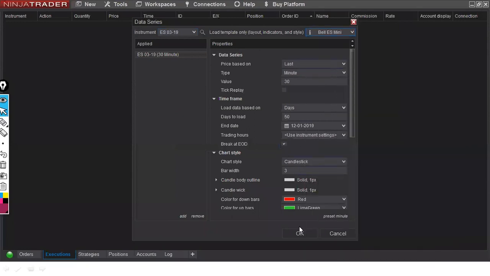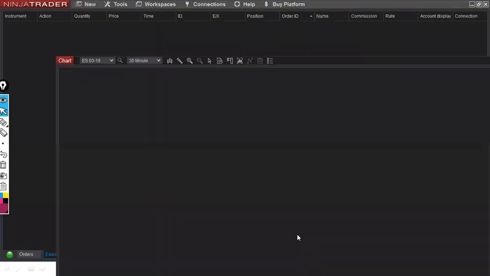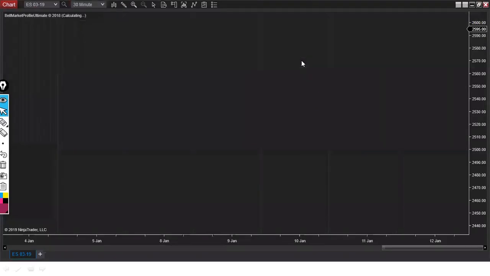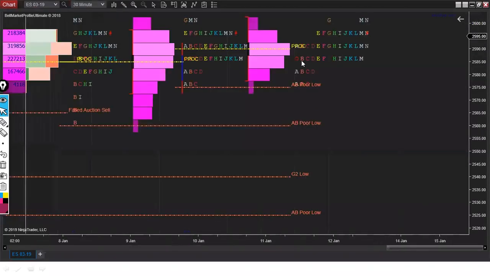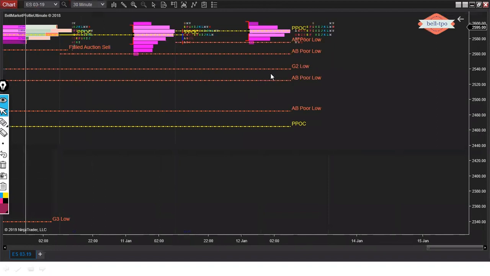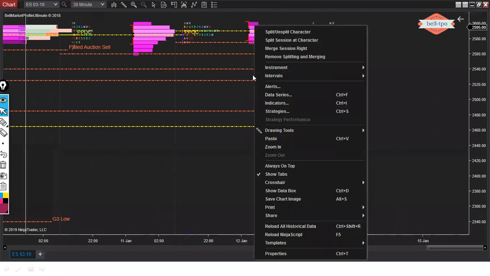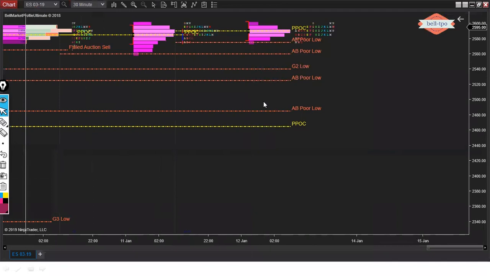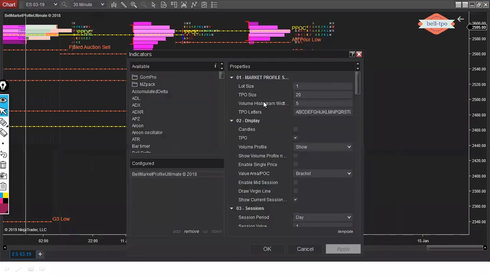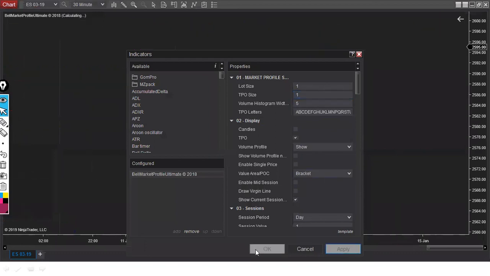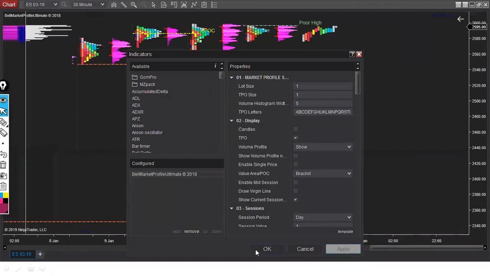It's ES Mini. You need to set the TPO size as 1 point TPO. Otherwise, you may get wrong AB poor lows, which are not AB poor lows because of wrong TPOs. So 1 tick TPO, and the tick size is 0.25 in ES Mini.